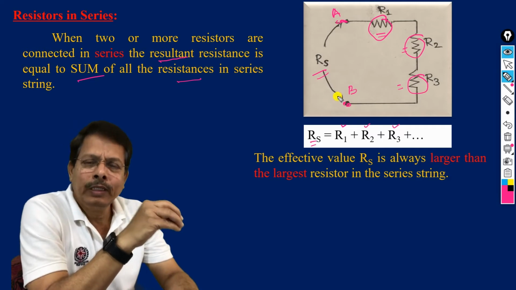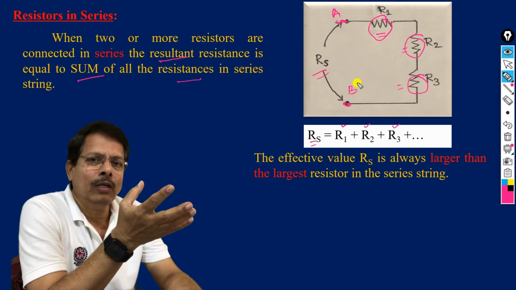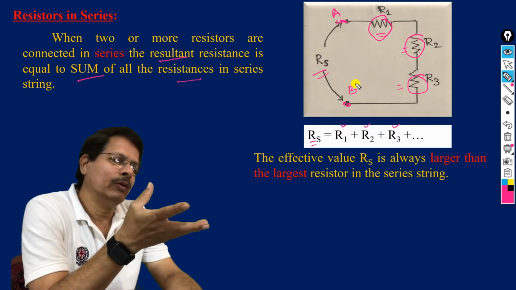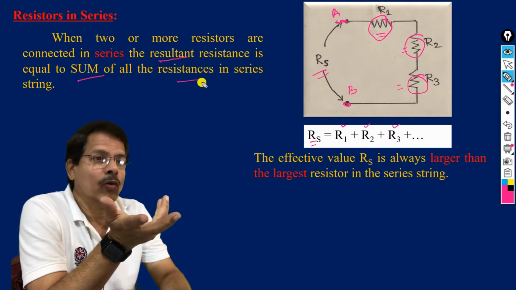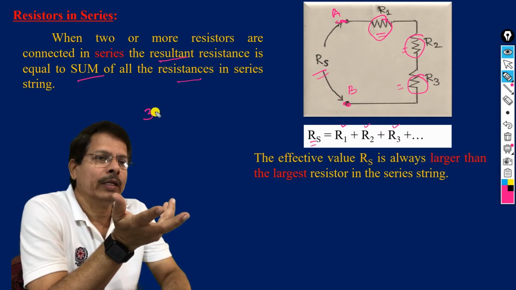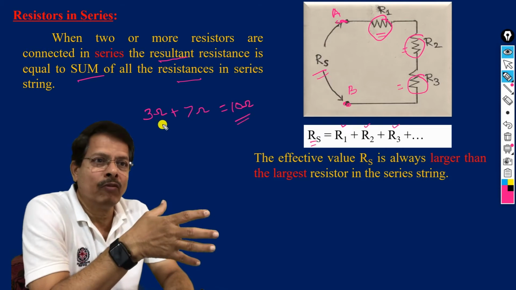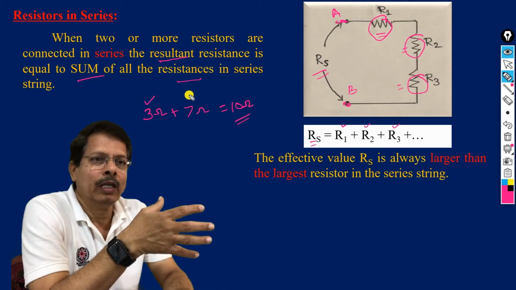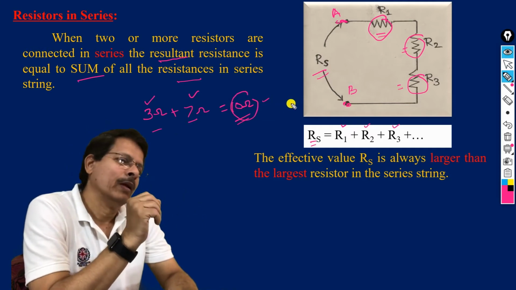Several times, if you have in the laboratory say 7 ohm and 3 ohm, and sometimes you require a resistance of 10 ohm, in that case you can connect 3 ohm in series with 7 ohm in order to get 10 ohm. So this is required, but that component is not available. But in your cupboard in the laboratory, if you have 3 ohm and 7 ohm, you can get 10 ohm like this. That's why we are studying this formula.